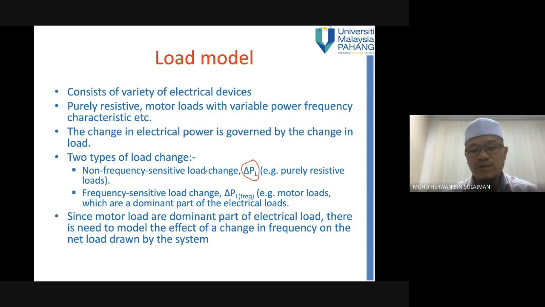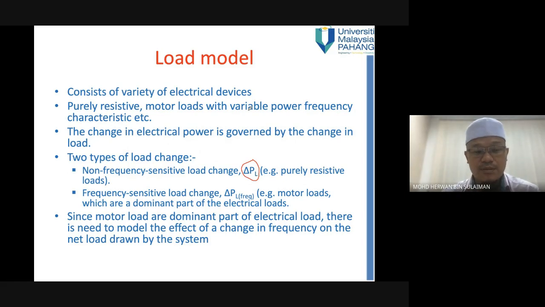If the load depends on the frequency, we have a notation for frequency. For example, motors are normally dominant in electrical loads. So basically our load is not purely resistive.